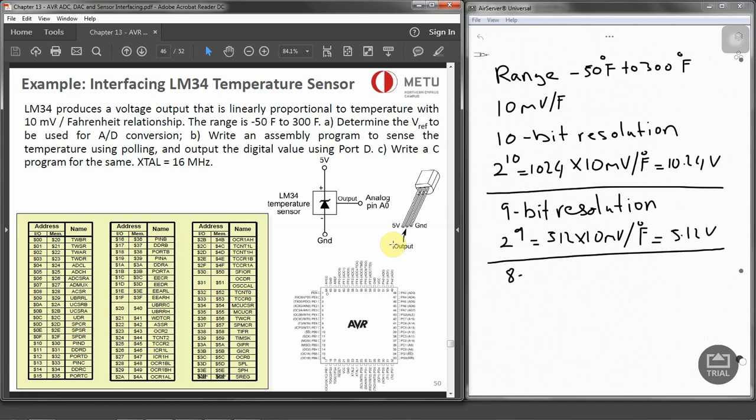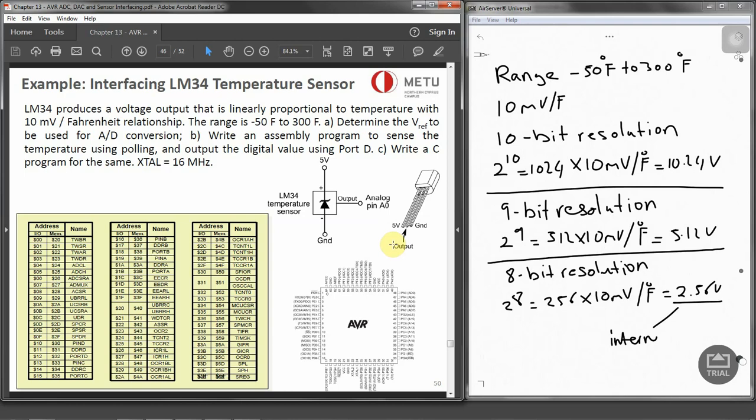Then we can try 8-bit resolution. For 8-bit resolution, we will have 256 times 10 millivolts per degree Fahrenheit, which will give us 2.56 volts. This voltage is now fine for the ADC conversion, and it's actually similar to the internal VREF.